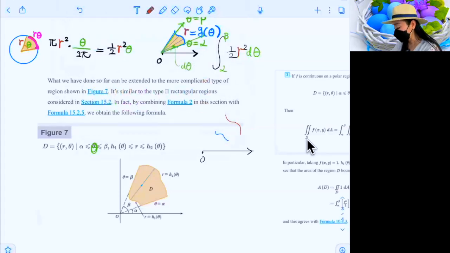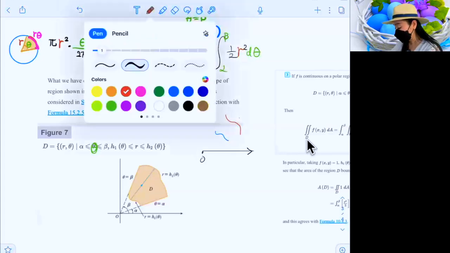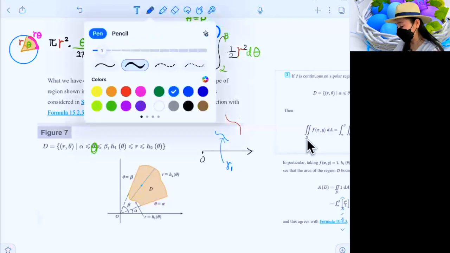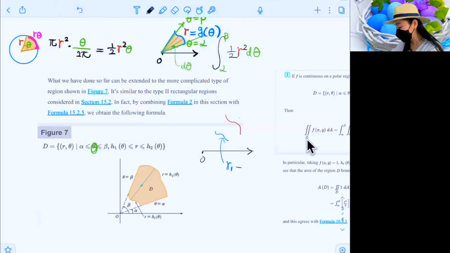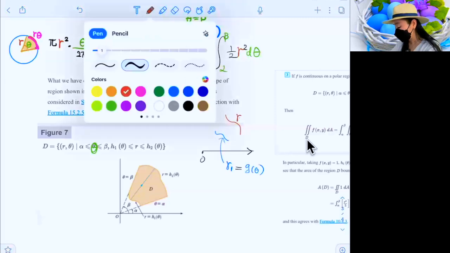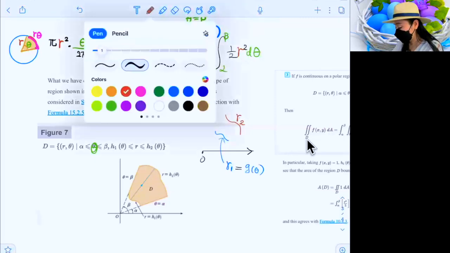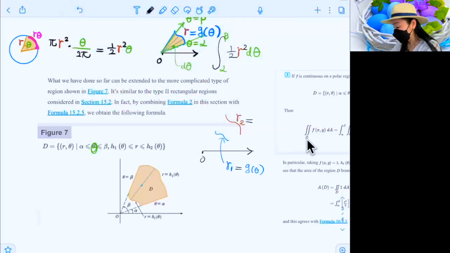This outer one is R1, equal to a function of theta, let's call that g of theta. For the other polar curve, we call this R2, equal to f of theta.